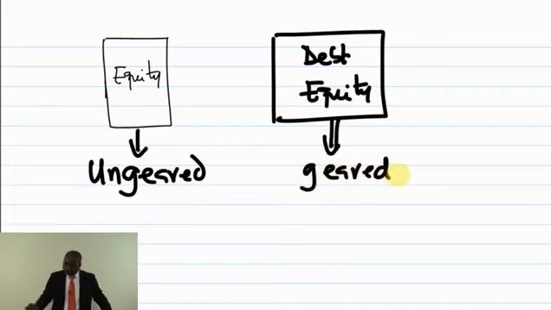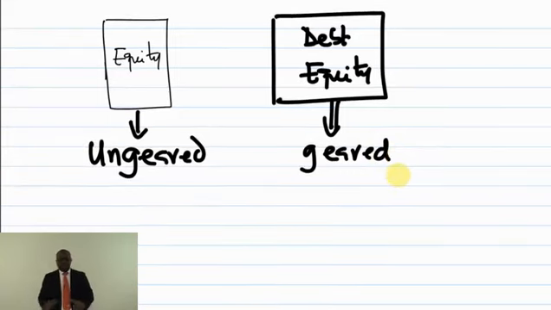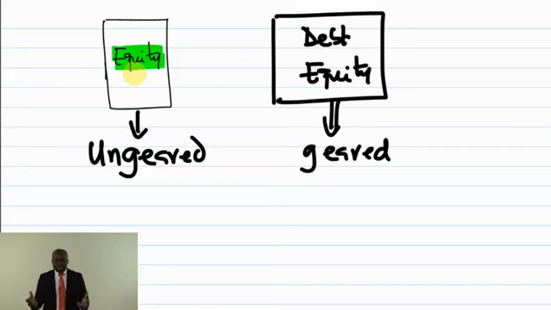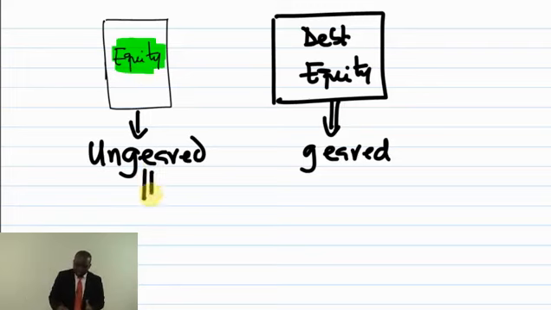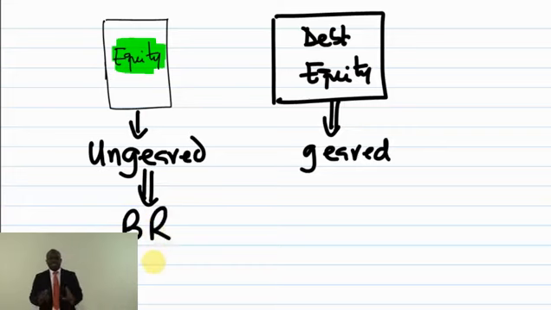So when I have to calculate the cost of capital, when the company is all equity, how will I calculate it? We all said the cost of capital should reflect business and financial risk. And financial risk comes because I have got debt. So if my company is financed entirely by equity, which is an ungeared company, it will face only business risk. Because it hasn't got any debt, there wouldn't be any financial risk.